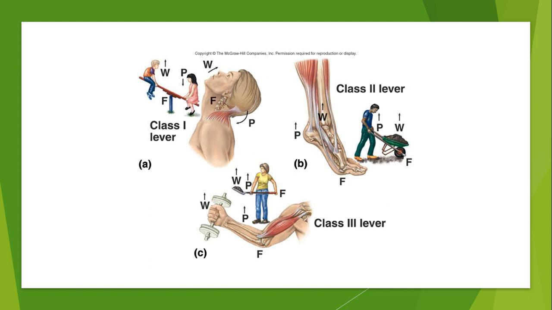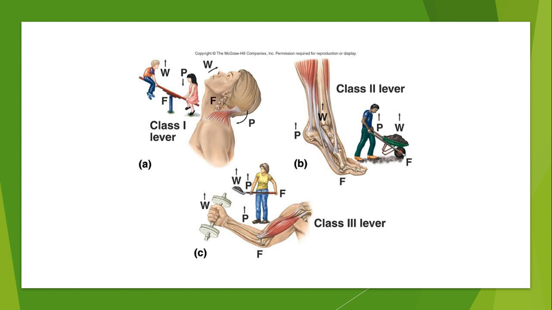And you can see that demonstration in the body here as well in A. With the neck in particular, it's a hyperextension of the neck, and the fulcrum is the neck with the weight, the resistance, if you will, where you're tilting the head back, and the point of application of force is down.